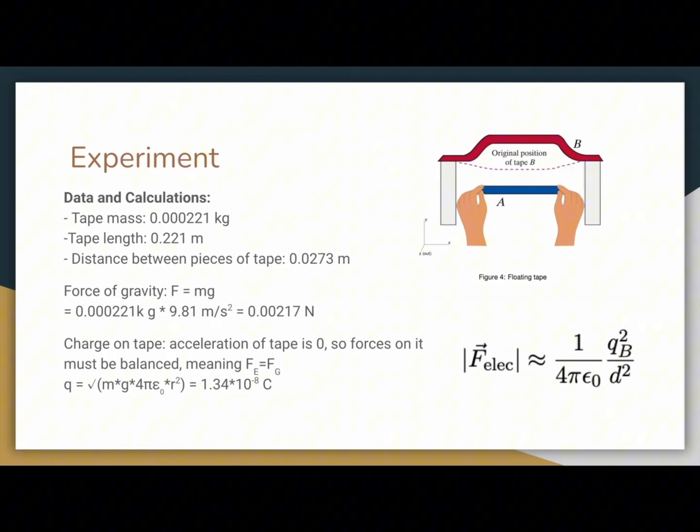I found that the force of gravity on the piece of tape was about 0.00217 newtons, and that since the acceleration of the tape is 0, the electric force exerted on tape B by tape A must be equal to the force of gravity on tape B, and I was able to derive this equation for the charge, which was 1.34 times 10 to the negative 8. Keep in mind that this is under the point charge model.